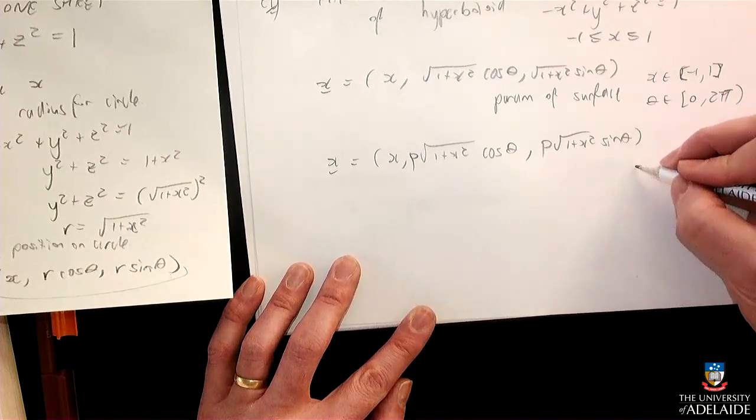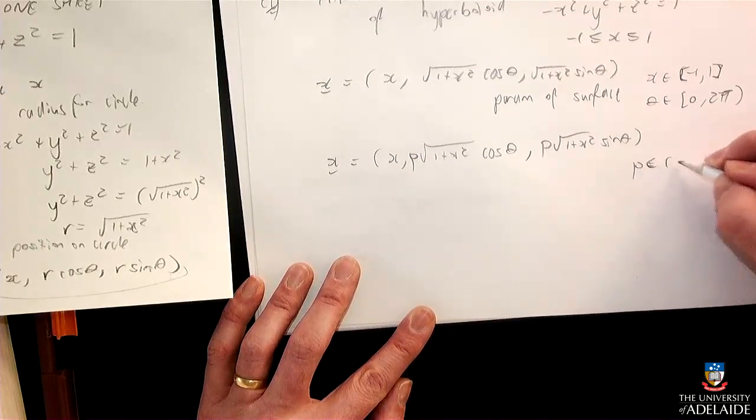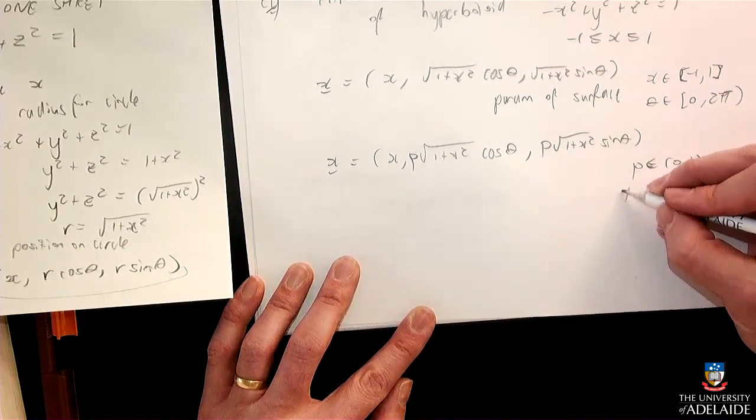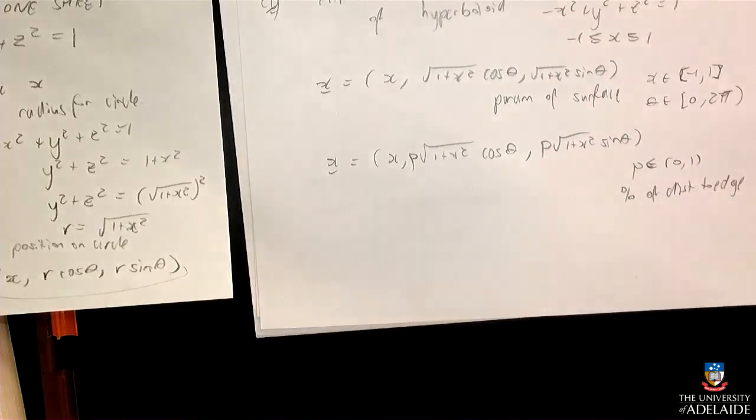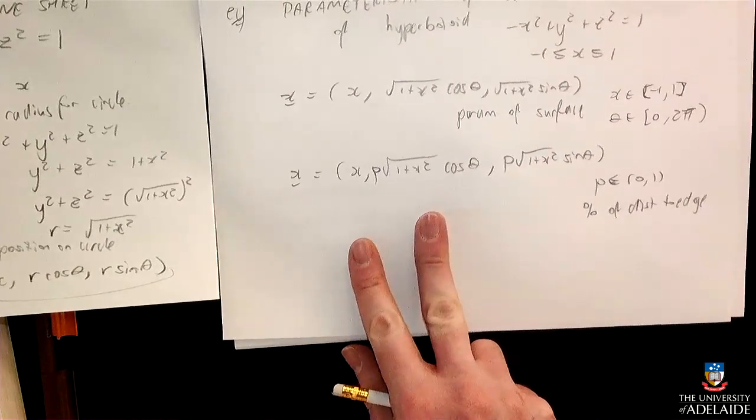Well, the p is going to go from 0 to 1, because it's like the percentage of distance to the edge. And that'll neatly cover the entire inside.